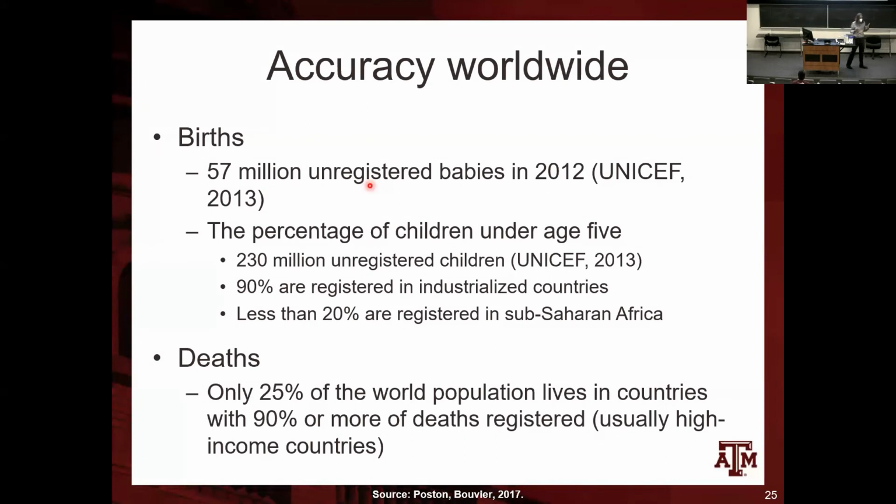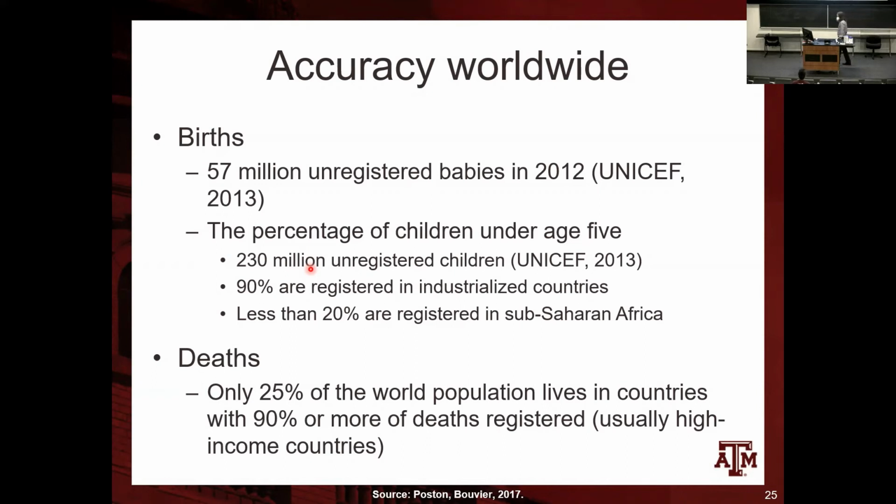So you still have a huge issue with registration systems in developing countries, in which people are born and die, and they are never reported to the government. So fertility and death rates are underestimated, right? Of course, this problem of unregistration is more common in developing countries, not the case of the US. It's estimated that around 230 million children under 5 were not registered in any system, according to data from UNICEF in 2013.